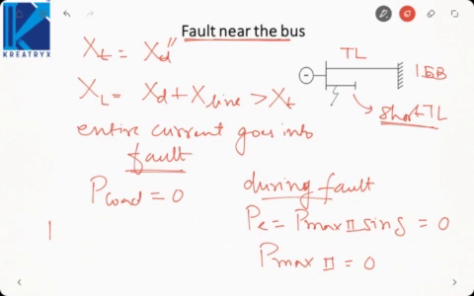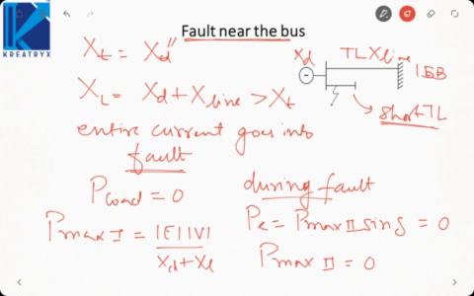Okay. Pmax1 will be when there was no fault. It will be, let us say this is XD, this is X line. It will be mod E mod V upon XD plus X line.